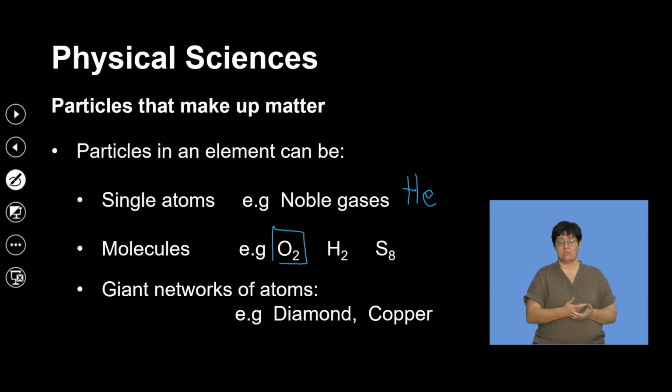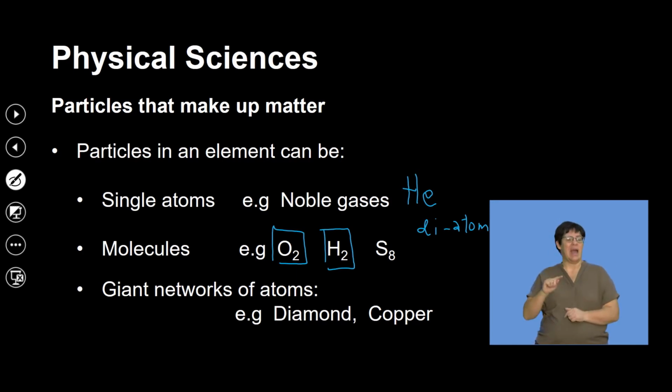Hydrogen is a molecule of an element. But what's so special about these two is that these are diatomic. So what do we mean when we say they are diatomic? It means a molecule of each of these elements exists in pairs. So a unit consists of two atoms of the same kind that are actually joined together.